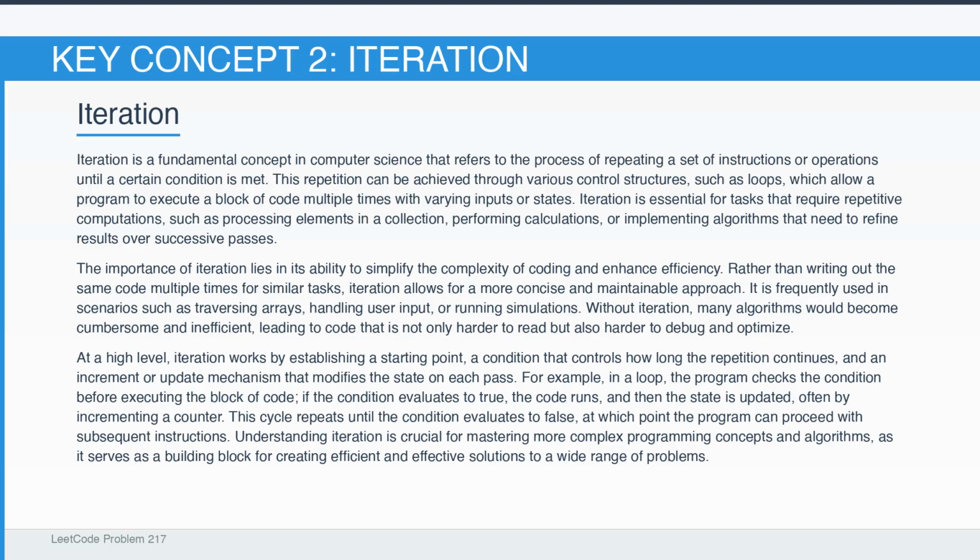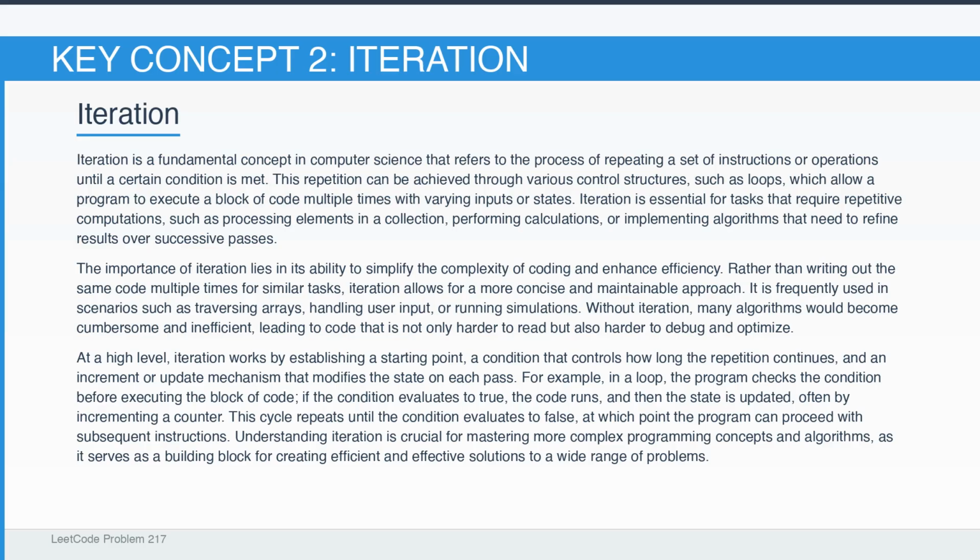The beauty of iteration lies in its ability to simplify our code. Instead of rewriting similar code for each task, we can use iteration to keep our programs concise and easier to manage. For example, when traversing an array or running simulations, iteration ensures our solutions are not only efficient, but also more readable. At its core, iteration begins with a starting point.